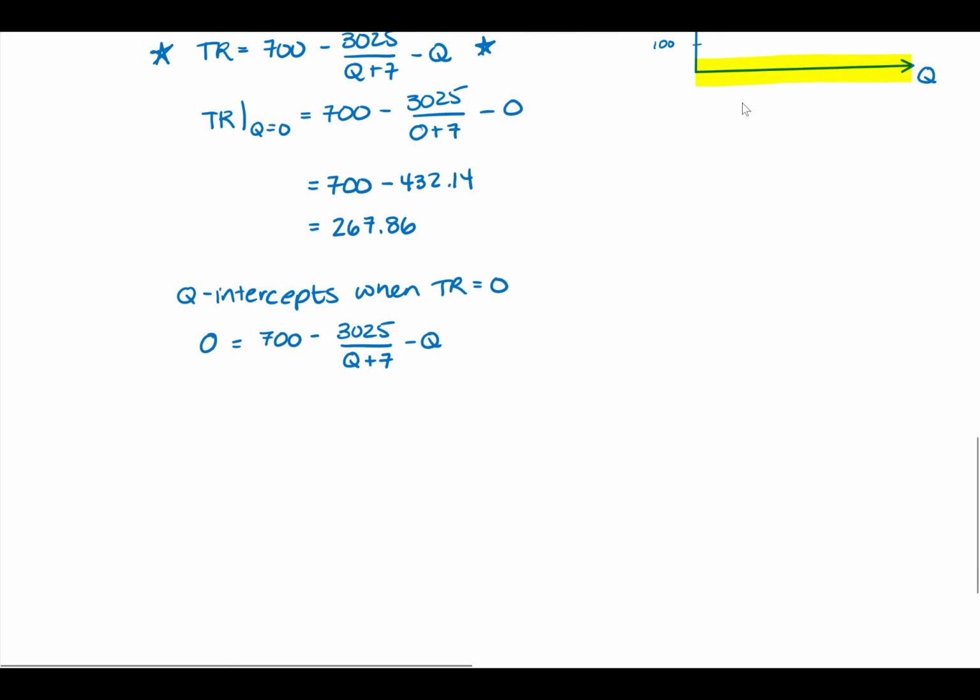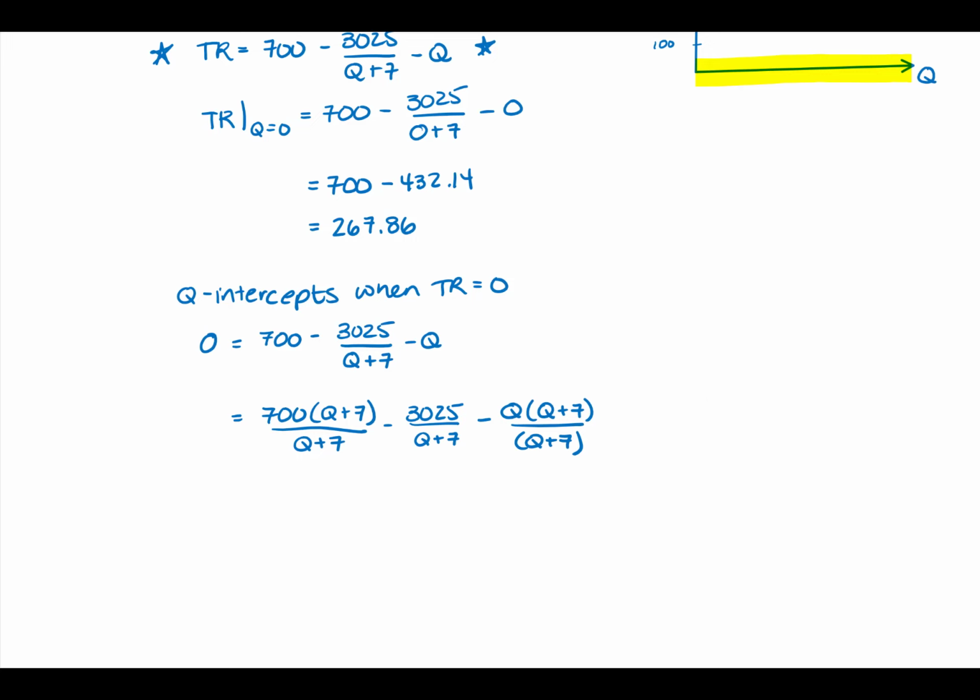And now I've got to do the tricky work of isolating or solving for what q is. So I note that I've got a denominator in one of our terms here, so I'm going to give everything a common denominator. So I have 700 times (q plus 7) over (q plus 7) minus 3025 over (q plus 7) minus q times (q plus 7) over (q plus 7).